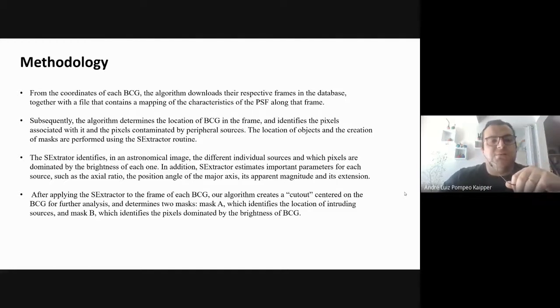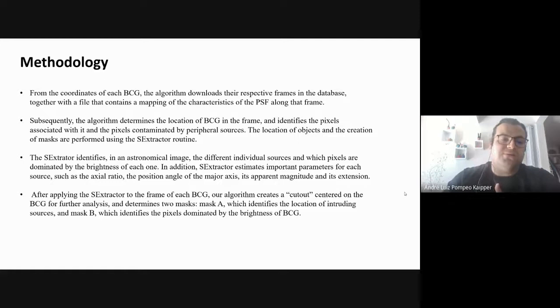After that, the algorithm determines the location of the BCG on that frame, not in the sky as a whole, but only that frame, and identifies the pixels associated with it and the pixels contaminated by peripheral sources. In this case, we use an extractor routine to locate these objects and create a mask to take off these peripheral sources.